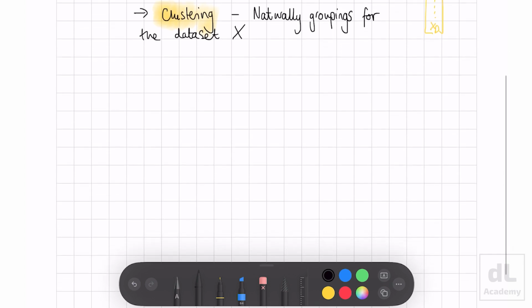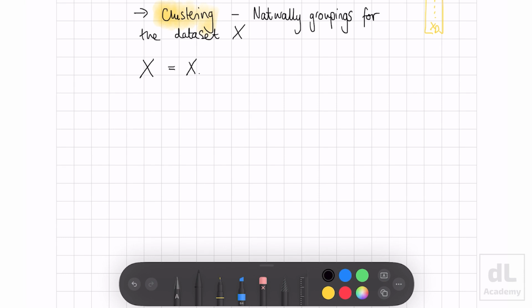Okay, so let's get on to k-means. Just a bit of set notation here. We're going to be looking at our whole set x, but what we want to do is partition, separate, into subsets.